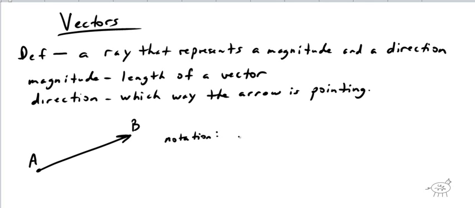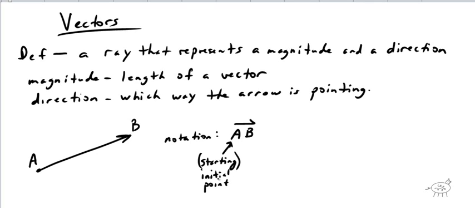The first is we call it vector AB, with a half arrow on top. The A, we call our starting point, but it's really called our initial point.